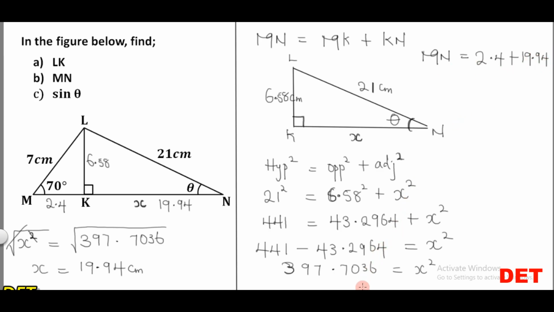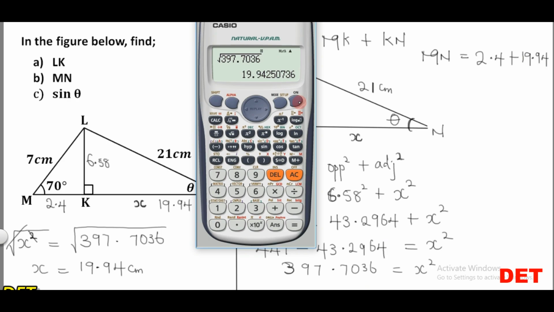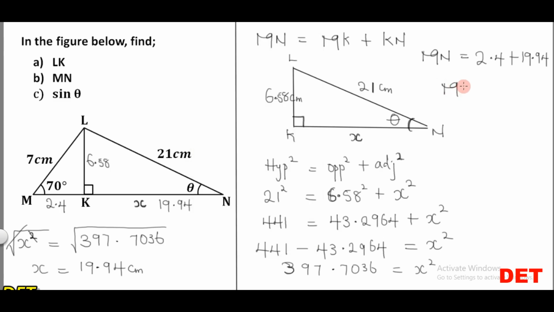If I add that, 2.4 plus 19.94 will be equal to 22.34. So my MN is equal to 22.34 centimeters. This is my answer to this question.